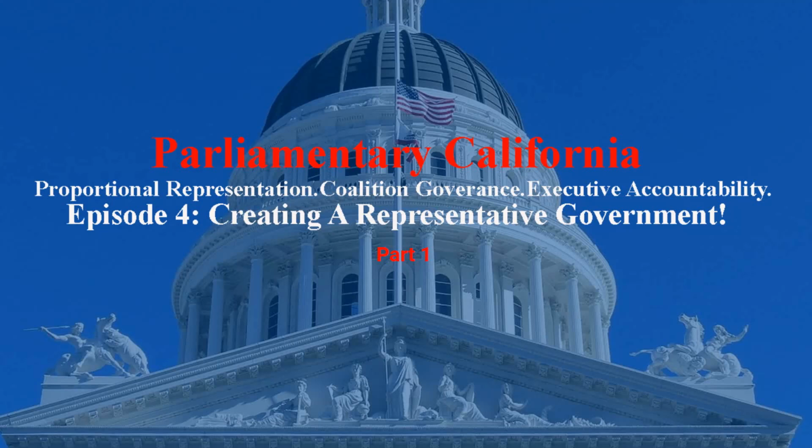The fourth episode is no different, but I decided to split it into 2 parts. The first part will be in this video, where I talk about the current system of how we elect our public officials. Then, in the second part, I will discuss the system that I intend to replace it with.